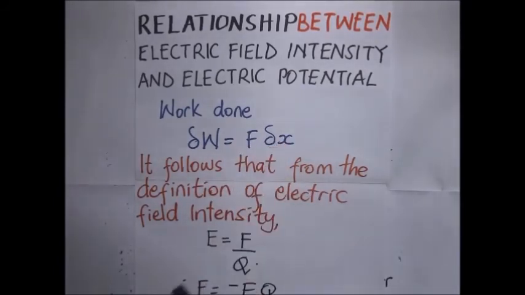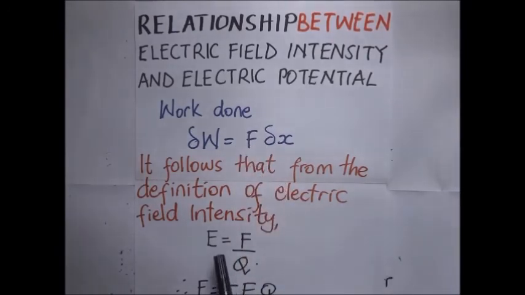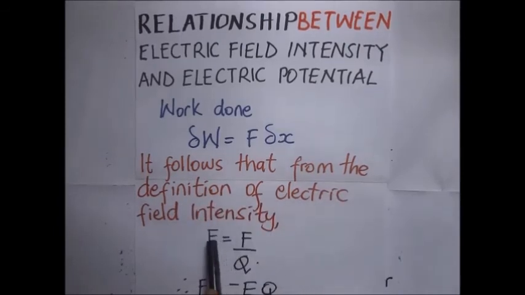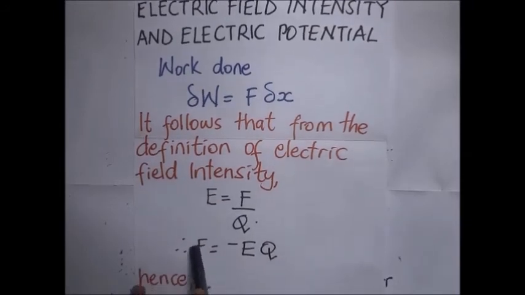For us to substitute for the value of F, the force, we'll get it from the formula for intensity. Remember, we said that intensity is the force per unit charge in the field. So from the definition of electric field intensity, E is the force per unit charge. And so if we make F the subject of the formula, F is going to be E times Q.